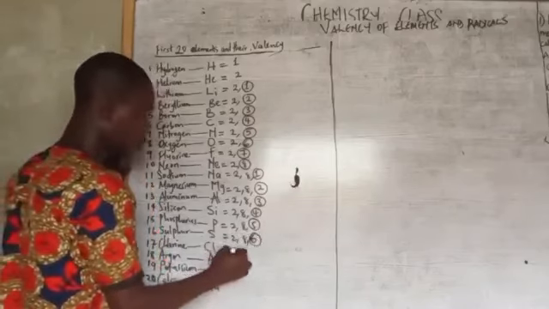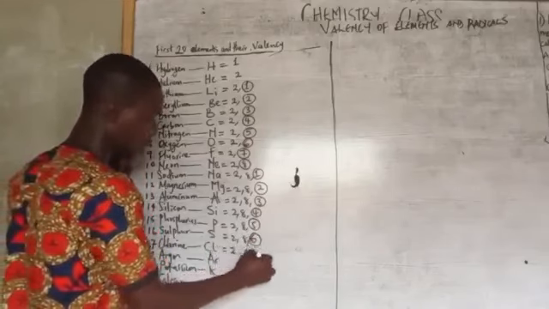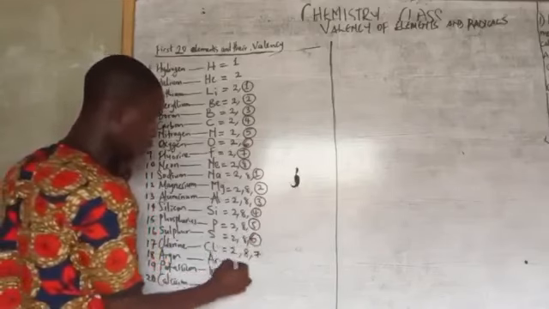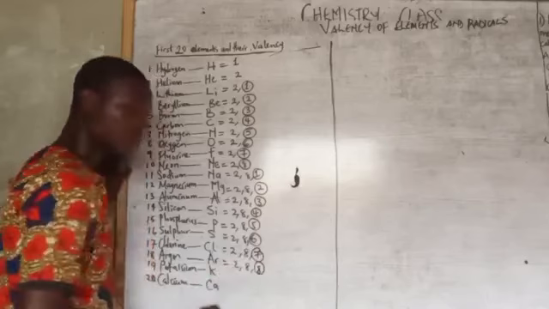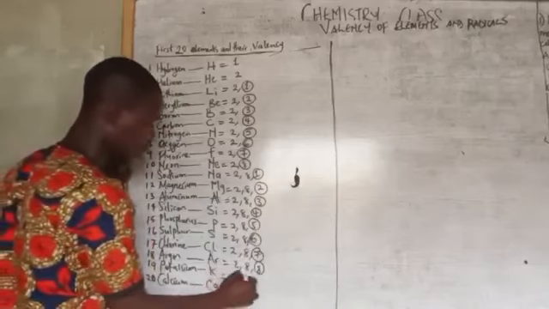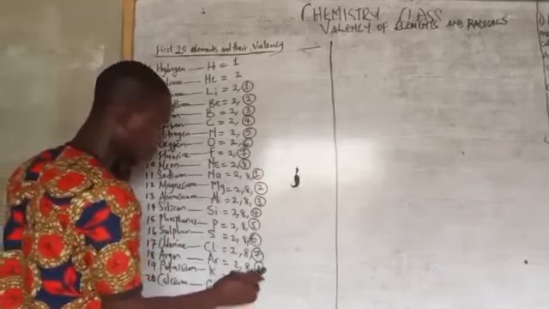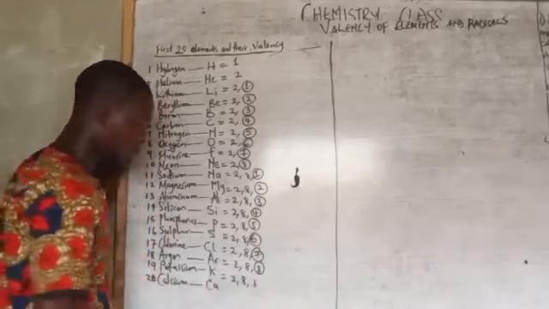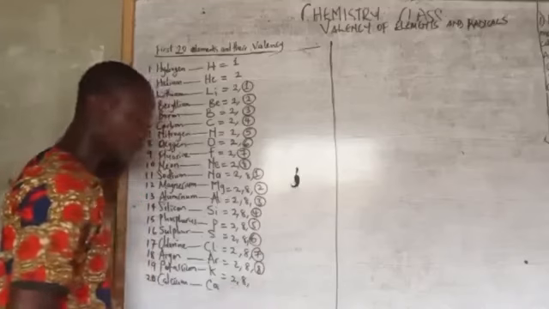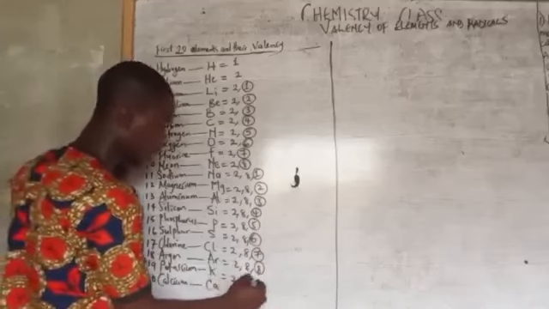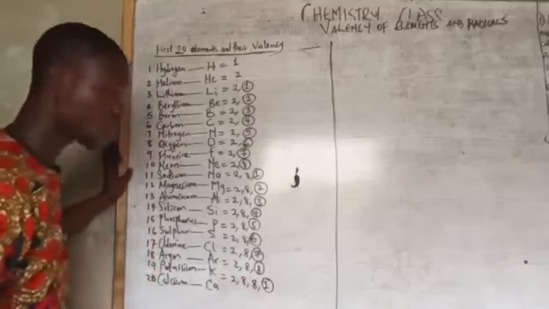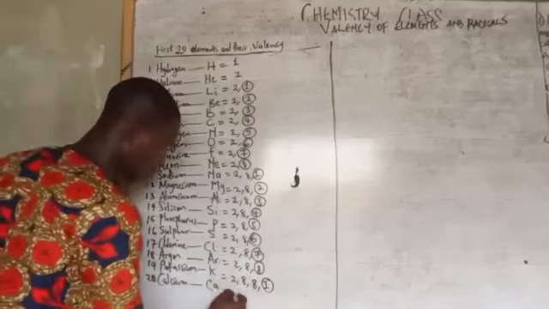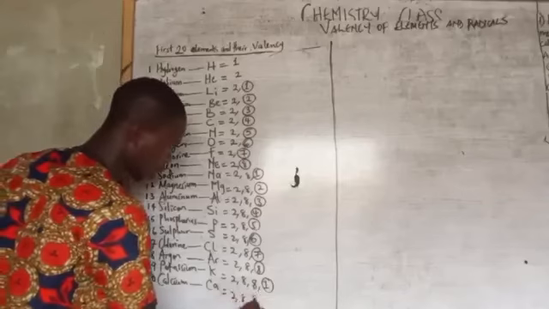Chlorine 2, 8, 7. Argon 2, 8, 8. Potassium 2, 8, 8, 1. And the valence electron of potassium is 1. Calcium 2, 8, 8, 2.